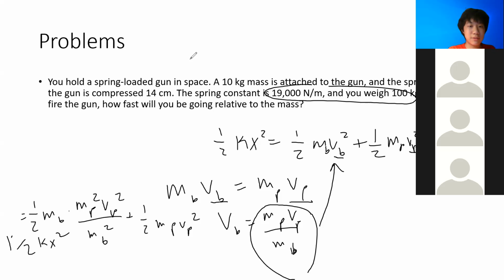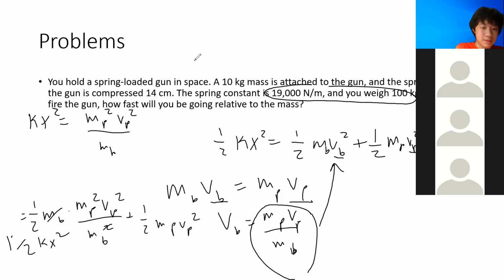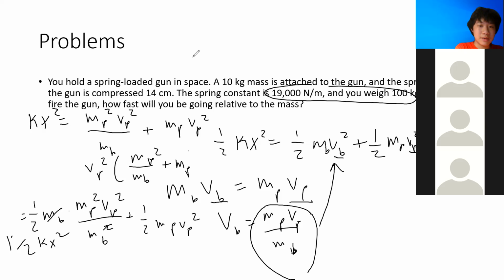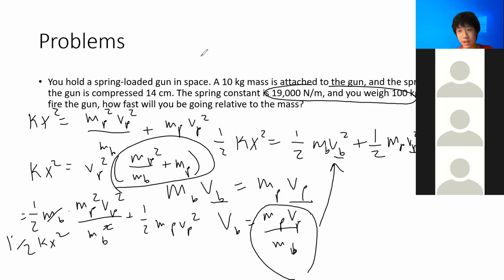Right. So now let's get rid of the 1/2. We're just going to have kx squared equals, simplify this as well, MP squared VP squared over MB plus MP VP squared. So now we'll use the distributive property: VP squared times (MP squared over MB plus MP) equals kx squared. So now if we move this stuff to the other side, then we'll find what the velocity of the person is.